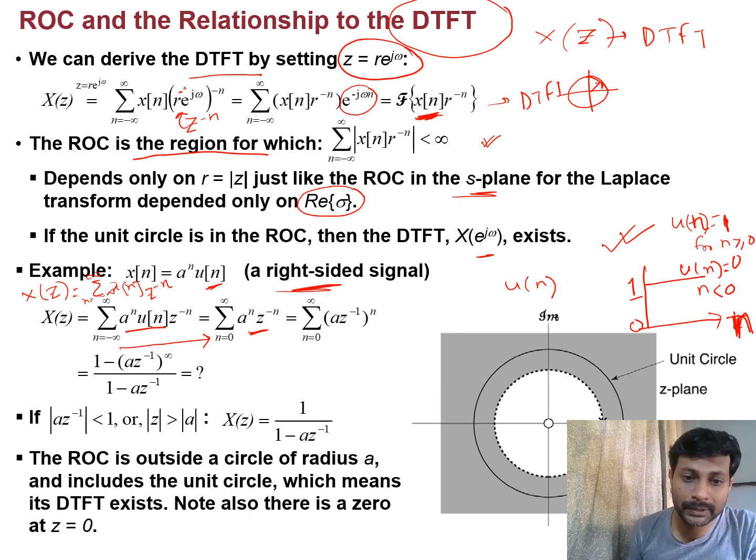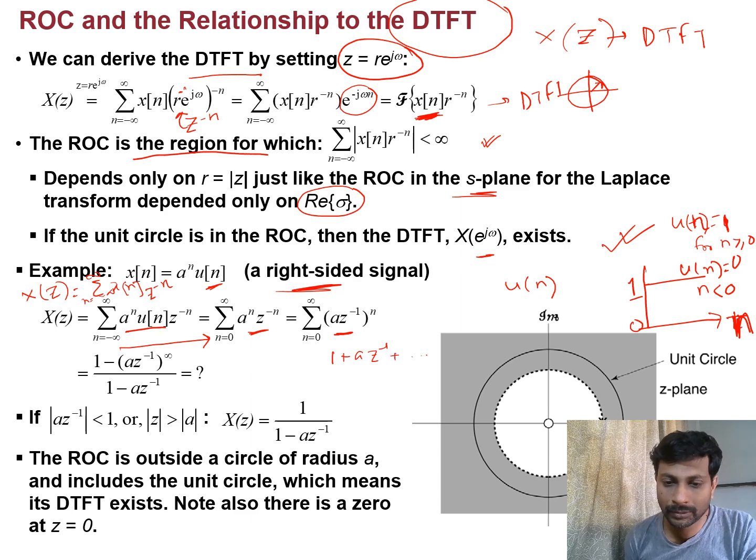Let us simplify this to the summation of (a z to the power minus 1) to the n. It is nothing but a geometric series: if we put n equal to 0, the first term is 1, then a z minus 1, and it goes on like this. This simplifies to X(z) equal to 1 by 1 minus a z inverse.